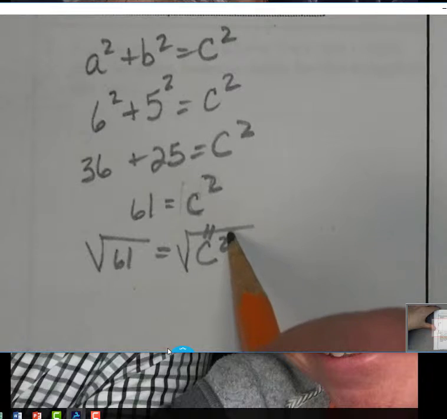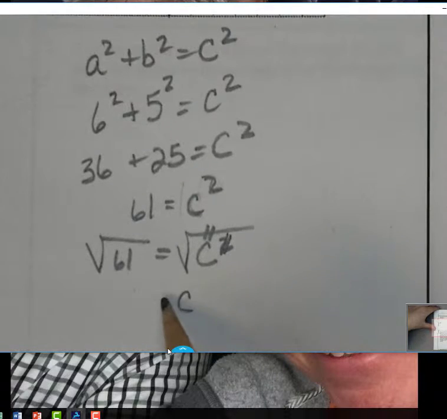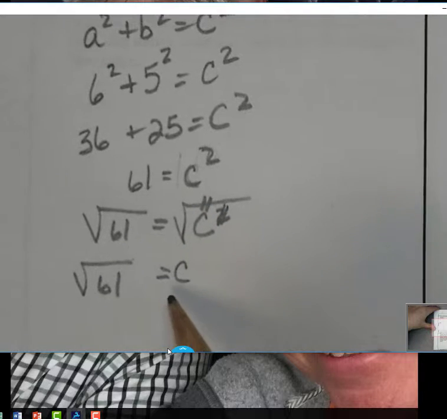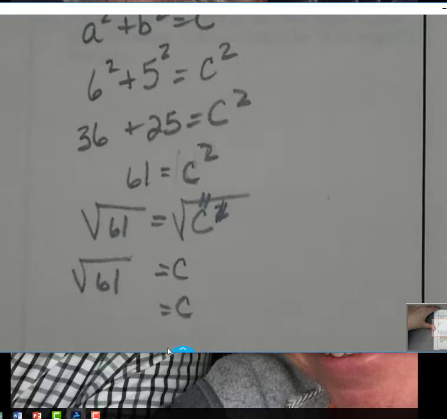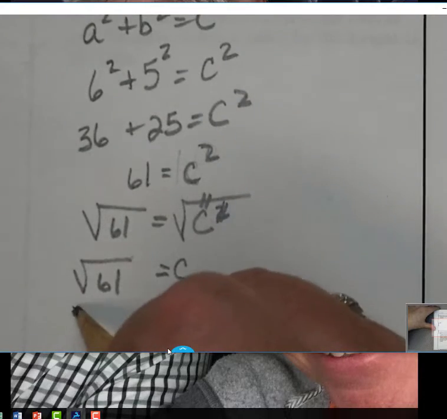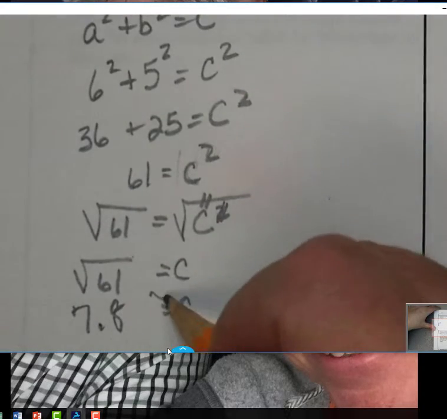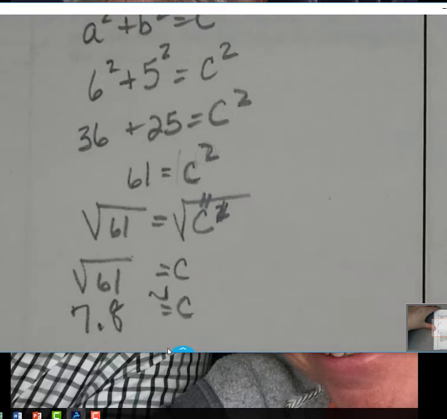The square root will undo the squaring, and I'll be left with c equals the square root of 61. And if we approximate that, the square root of 61 is approximately 7.8. So I'll say approximately, that little line for approximately.